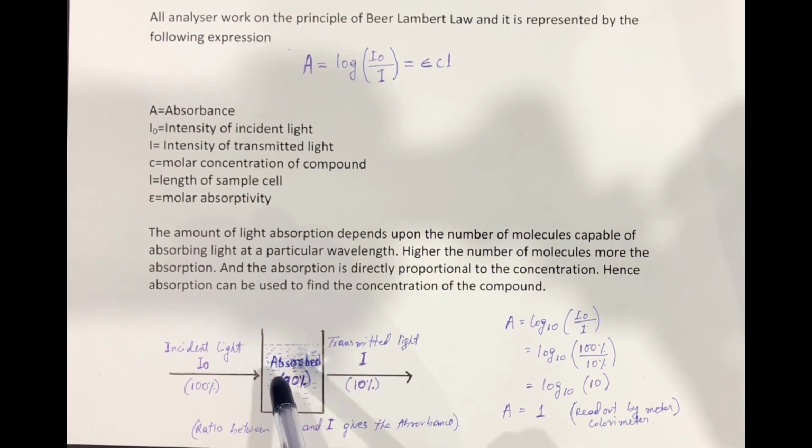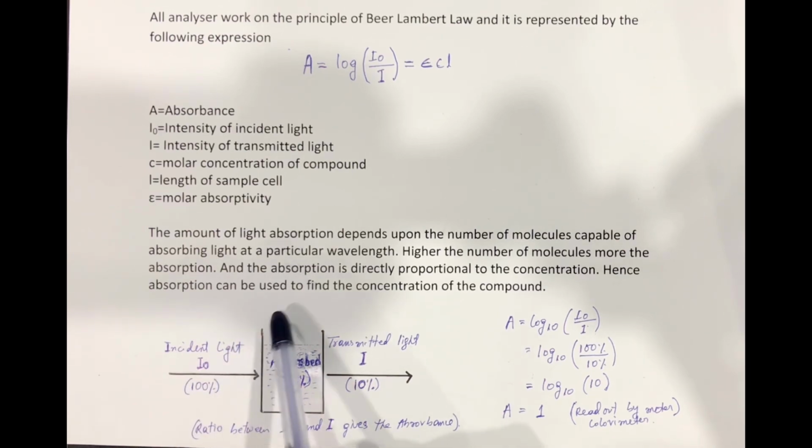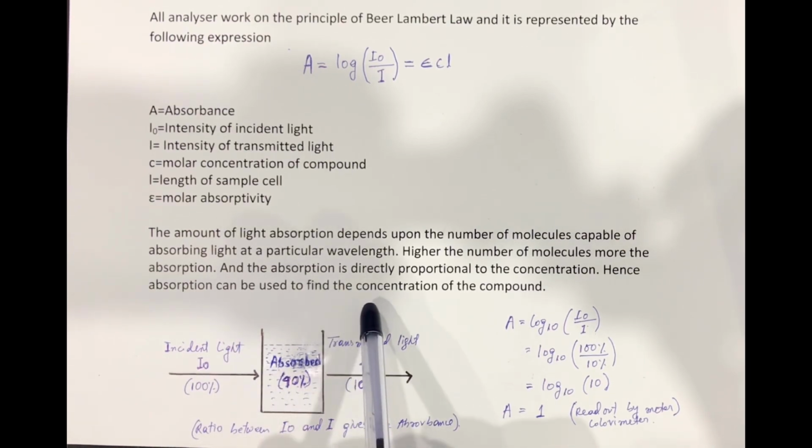Absorption depends upon the number of molecules present in the sample. The higher the number of molecules, the more the absorption, and absorption is directly proportional to the concentration. Hence, absorption can be used to find the concentration of the compound.